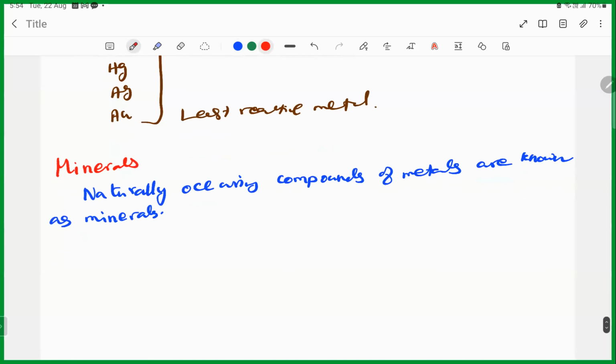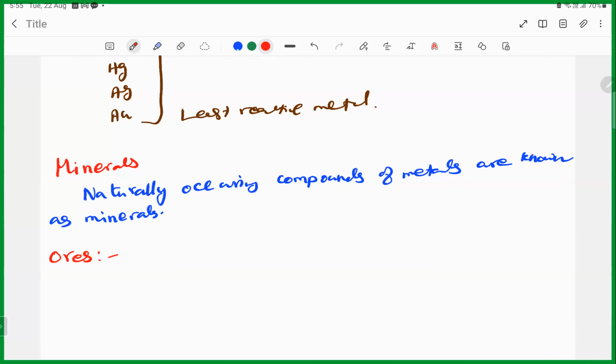Then the second one, ores. What are ores? See, ores are those minerals from which metal can be obtained economically and profitably. Therefore, all ores are minerals, but all minerals are not ores.